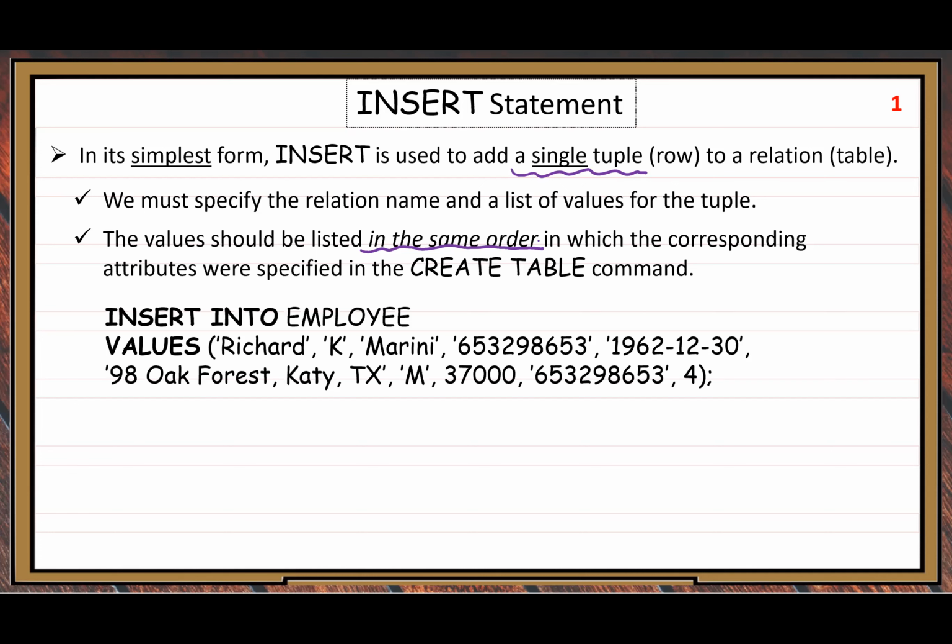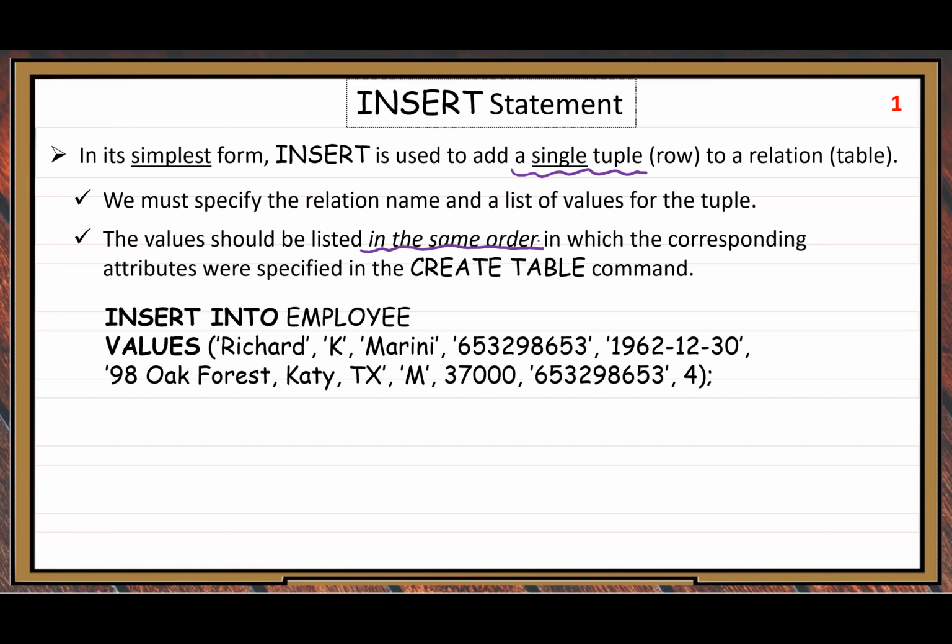So let's look at an example. In this example, insert into employee table, you can see after the employee table, we do not specify all the attribute names in the original order.